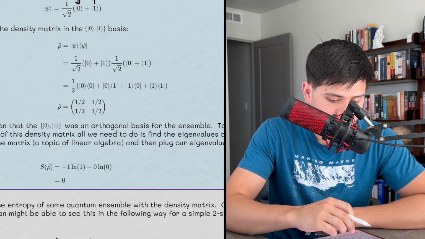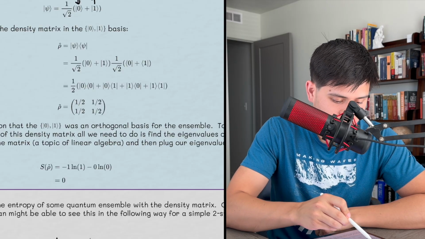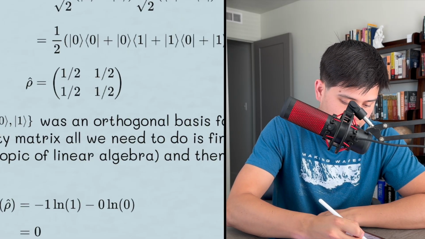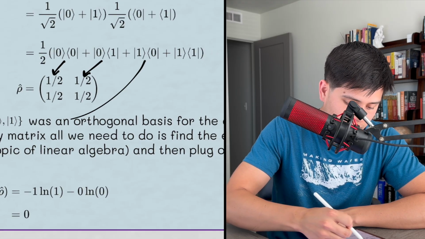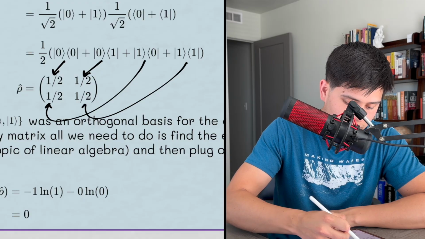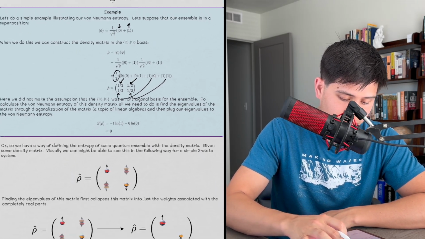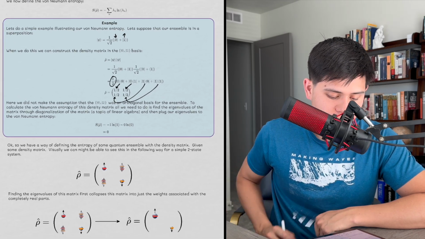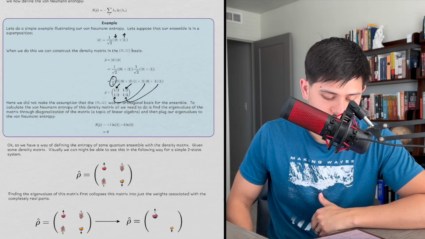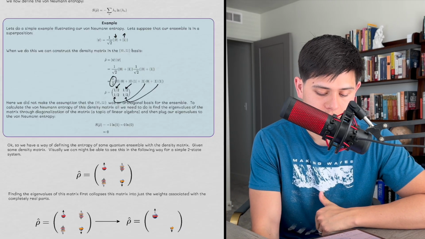We get this 1/2 because this guy is associated with that entry, this one with that entry, this one with that entry, and this one with this entry, and we have this 1/2 in front of all of them. Here we did not make the assumption that the up-down states were an orthogonal basis to the ensemble.